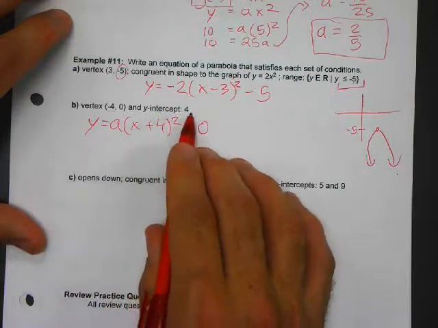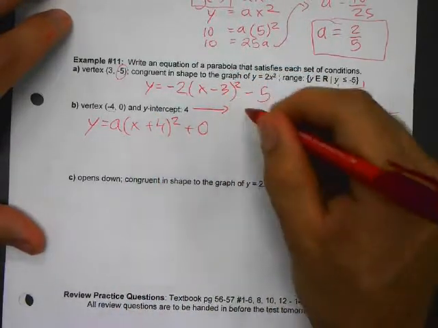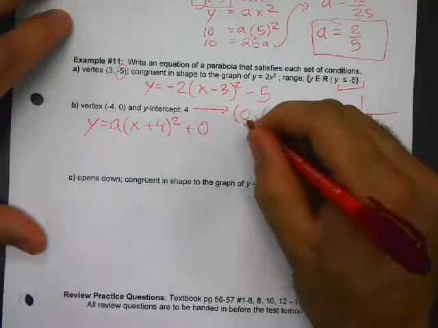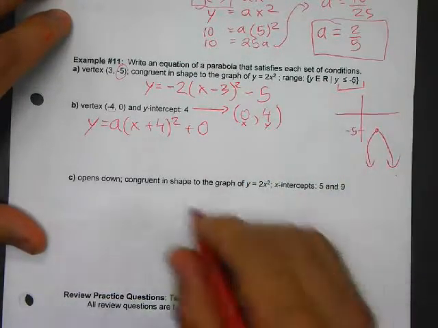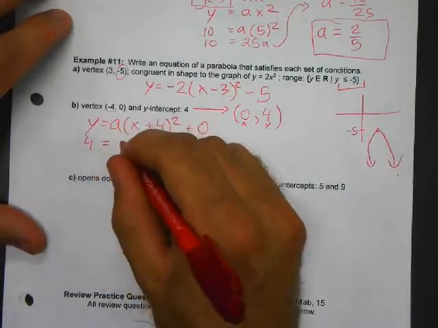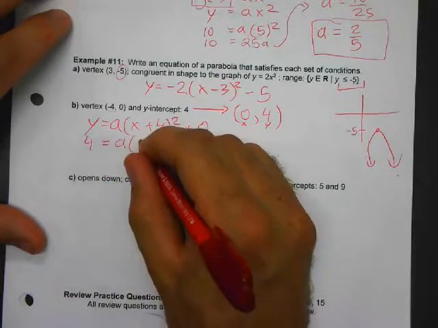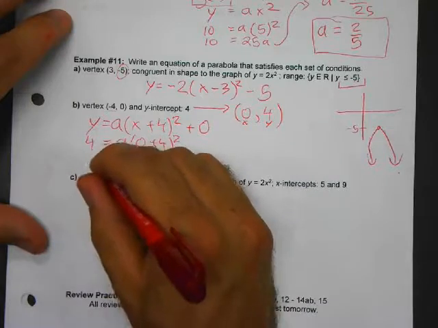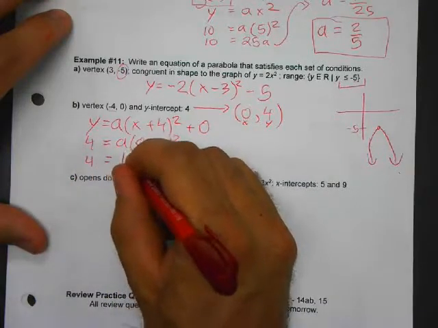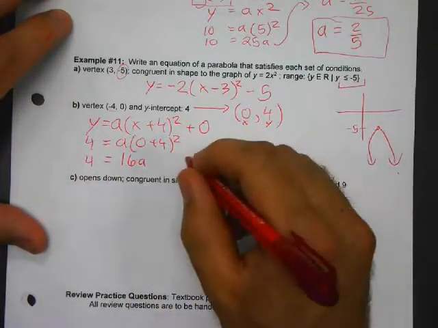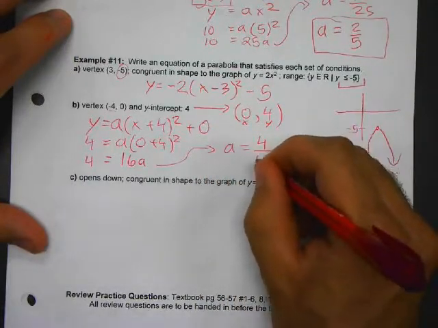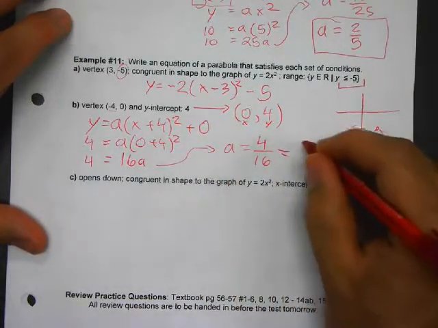Now I'm going to put in the y-intercept, which means the y-intercept is (0, 4). That's your x, that's your y. 4 equals a times (0 plus 4) all squared. So we get 4 equals 16a. a equals 4/16, which is 1/4.